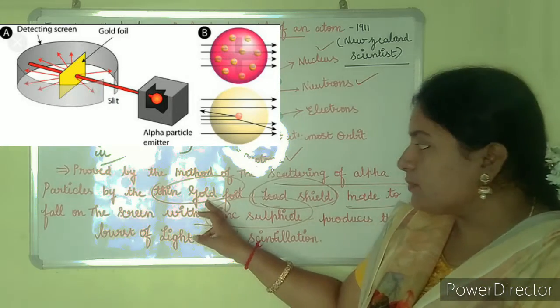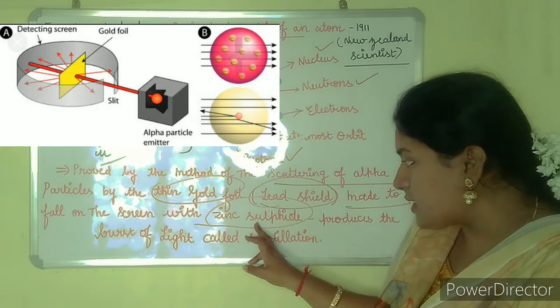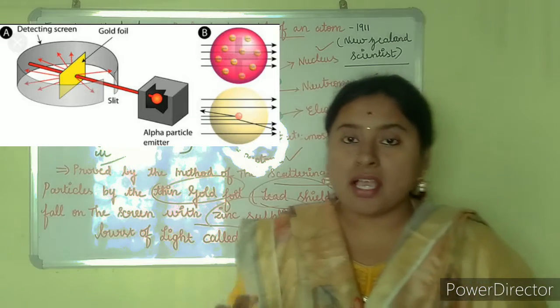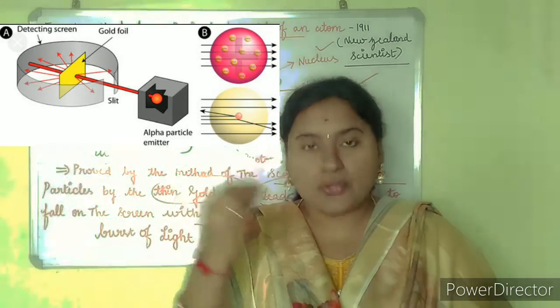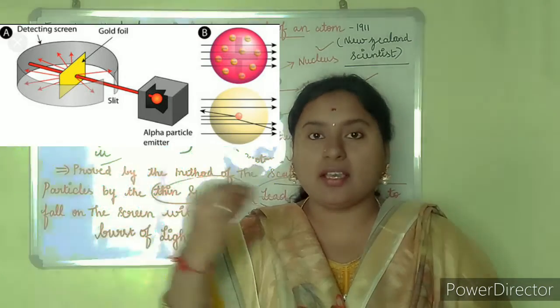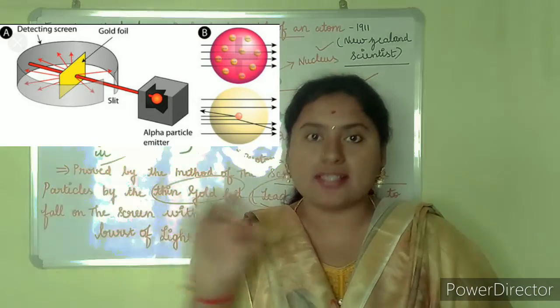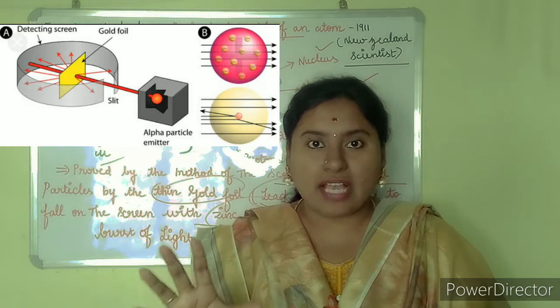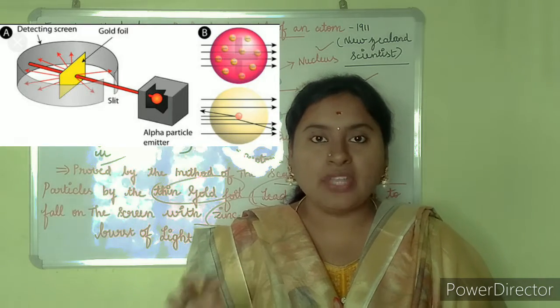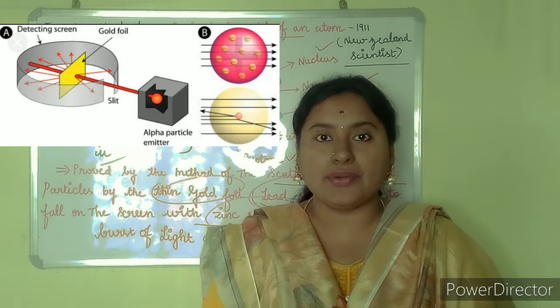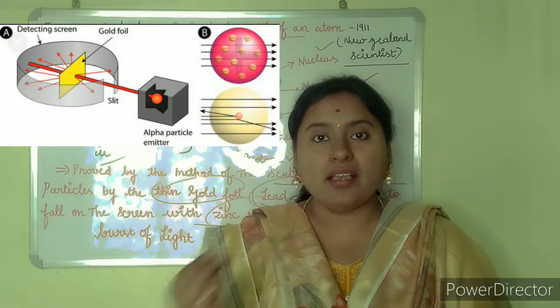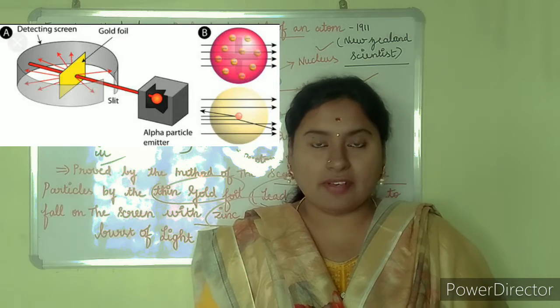When the rays from the thin gold foil fall on the zinc sulfide screen, there will be a bursting of light. For example, if the alpha rays strike the zinc sulfide screen, immediately a flash of light will be produced. From that result, we can find out that alpha particles are being released from the source of alpha radiation.